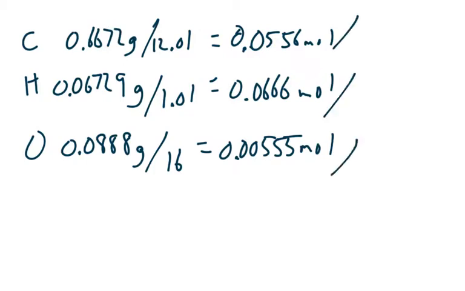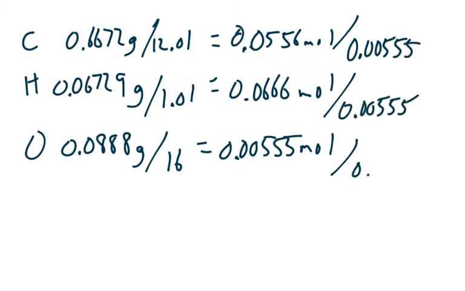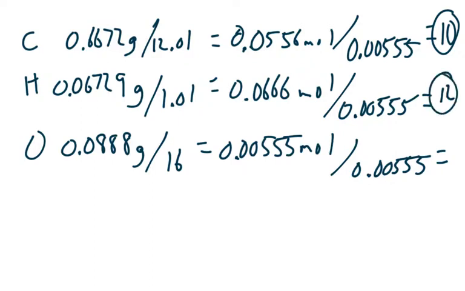And then you're going to divide all of them by the lowest. So let's set it up over here. Just like this. Okay, so for carbon, when you do the math, you get, basically, it rounds to a 10. You get a nice even number there. The second gives you a 12, and the third gives you a 1.